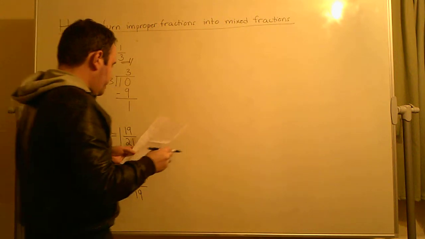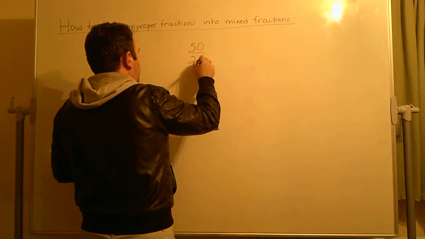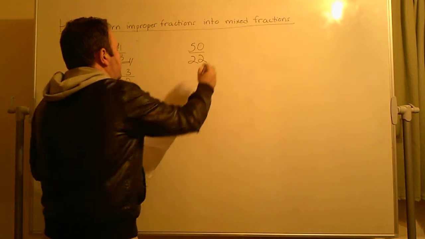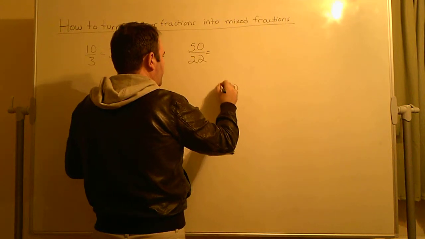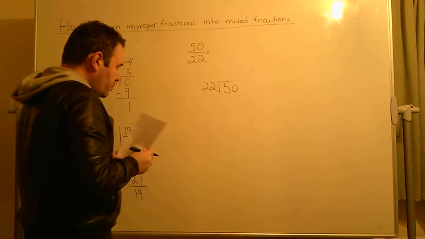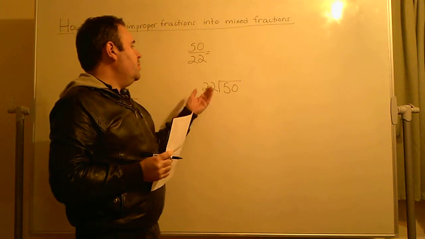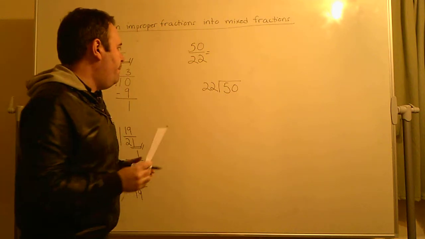Another example. 50/22. Yeah? So once again, we do another division. 50 divided by 22. Now, how many times does 22 go into 50? 2, yeah?